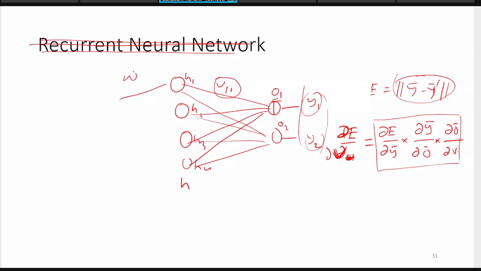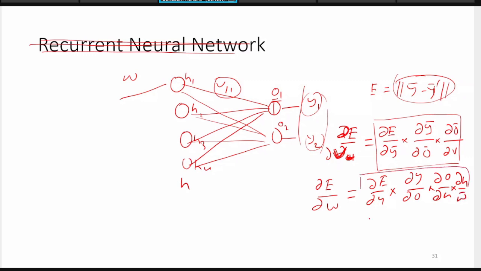Likewise for the parameter W also. What I need is the partial derivative of E with respect to W, and E does not depend on W directly. So I have to apply the chain rule to make it derivable. Something like the partial of E with respect to Y, times Y depends on O, O depends on H, and H depends on W. So you have to expand and perform the chain rule.